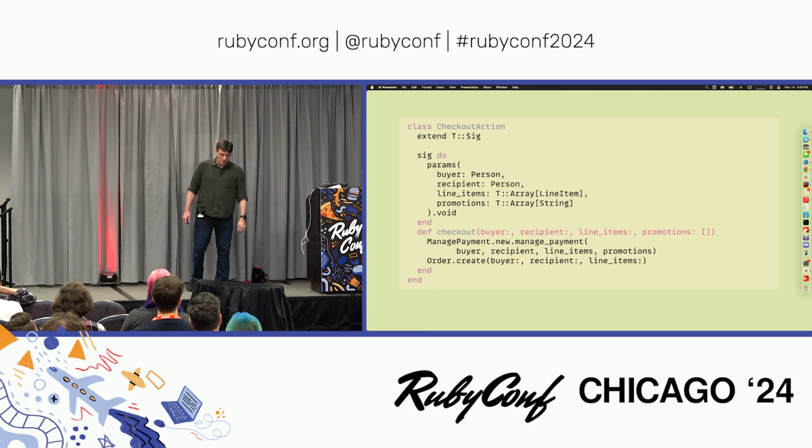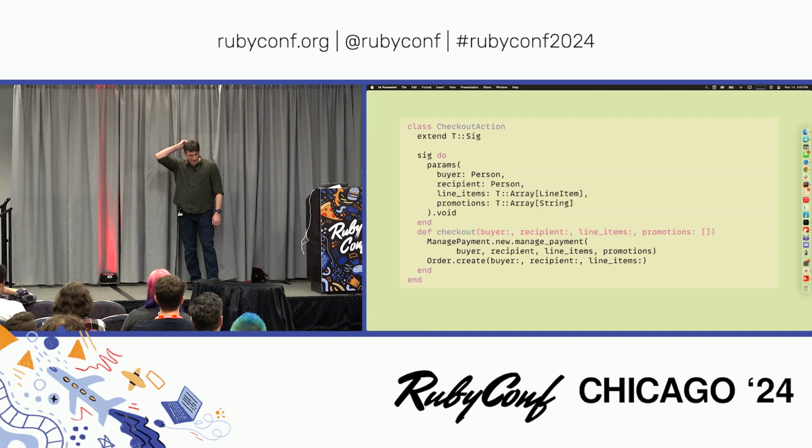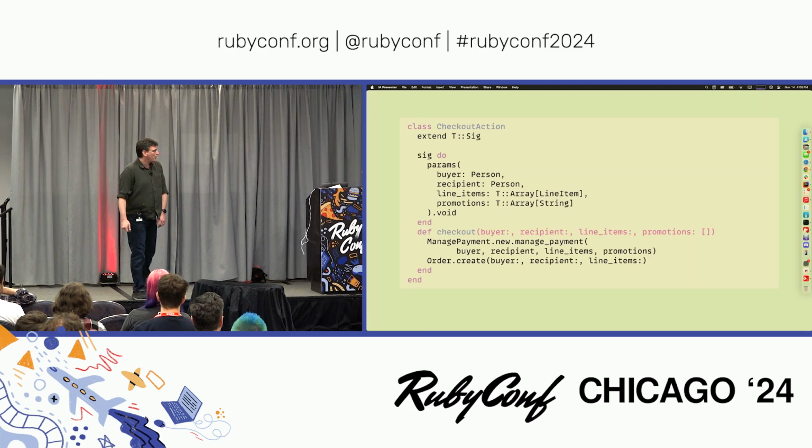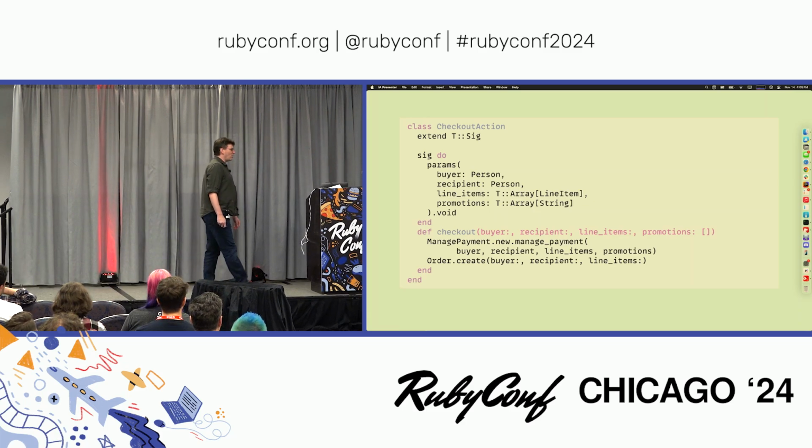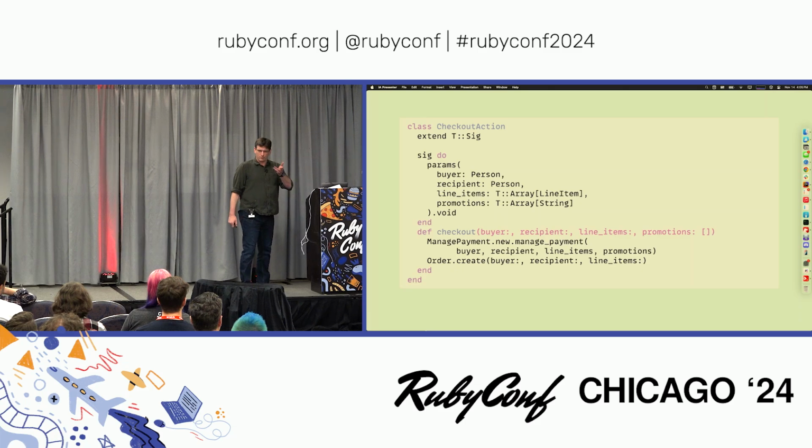I decided to put all this stuff in slides rather than go back and forth to the code editor. This is what the stuff looks like in Sorbet. You have to extend a module called T::Sig, which contains all the signatures, and then you get this method called sig, which takes a block, which defines all of the parameters here.